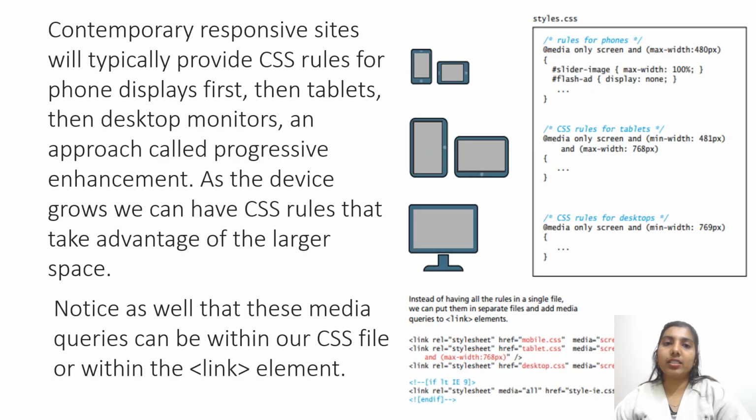Contemporary responsive sites will typically provide CSS rules for phone displays first, then tablets, then desktop monitors, an approach called progressive enhancement. As the device grows, we can have CSS rules that take advantage of the larger space. Notice as well that these media queries can be written in a CSS file or within the link element.